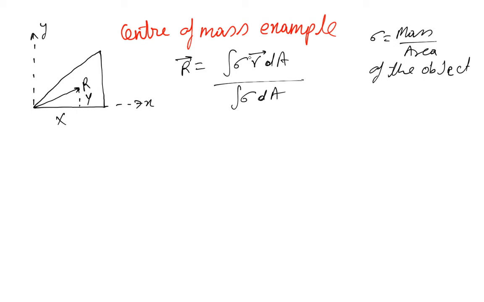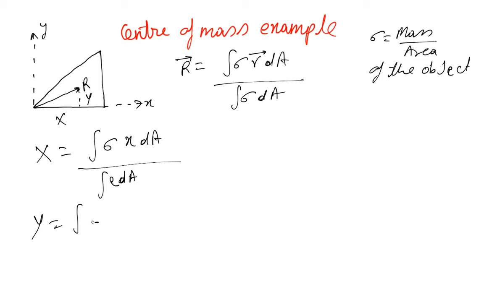We can define it like this, that X is nothing but the integral of sigma X dA divided by the integral of sigma dA, and Y is nothing but the integral of sigma Y dA divided by the integral of sigma dA, right?